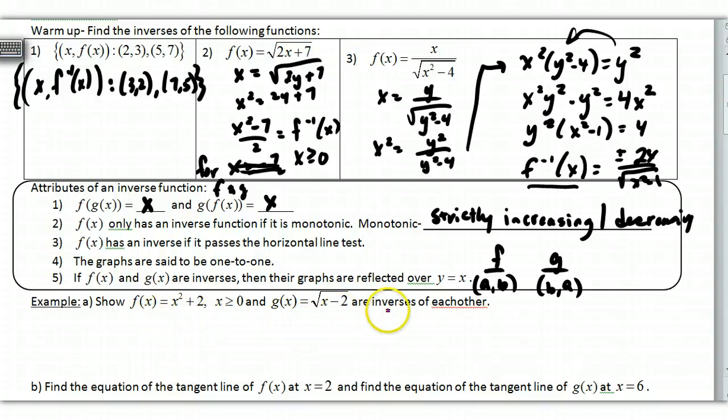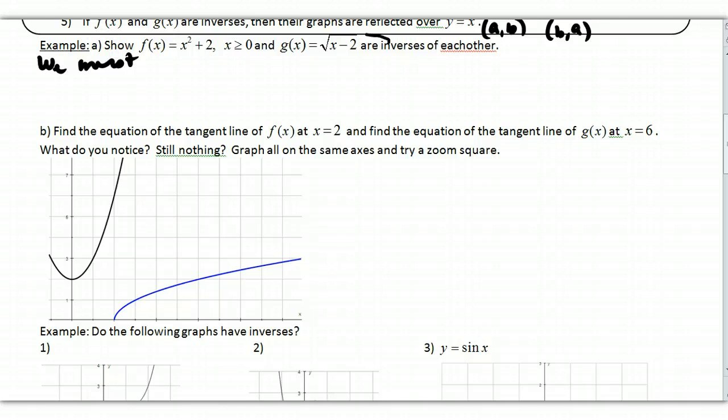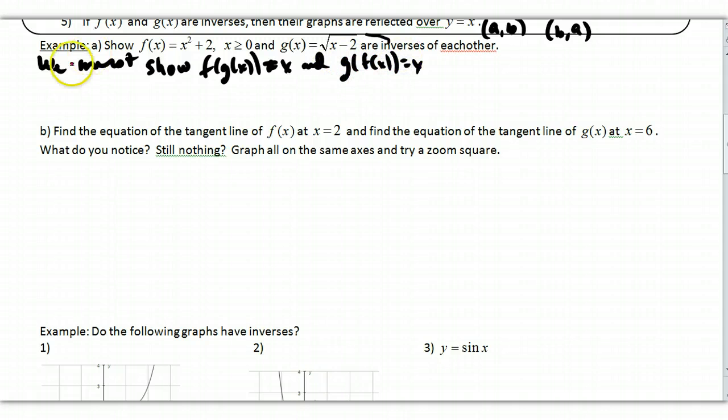Now, if we want to show that we have two inverses, we must show that f of g of x and g of f of x are both equal to x in order for these two to be inverses.